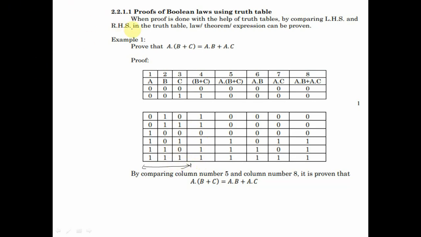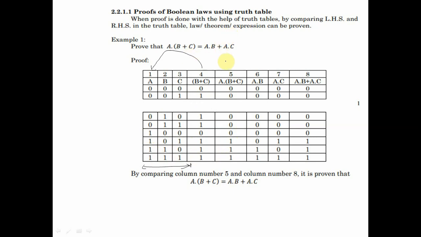Now similarly, this is BC, and this BC is multiplied with A. 0 multiplied by any term gives 0. 1 multiplied by 1 gives 1. 1 multiplied by 1 gives 1. 1 multiplied by 1 gives 1.